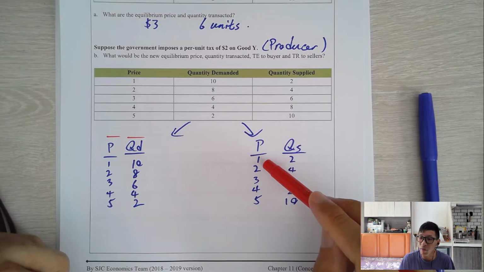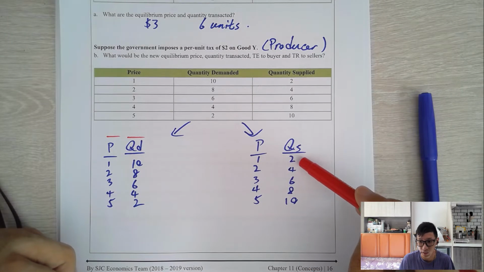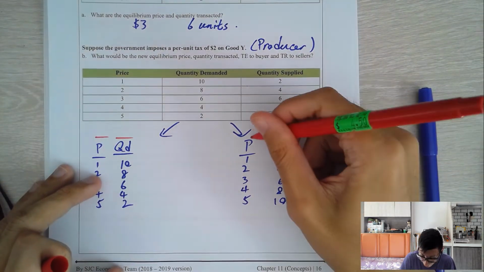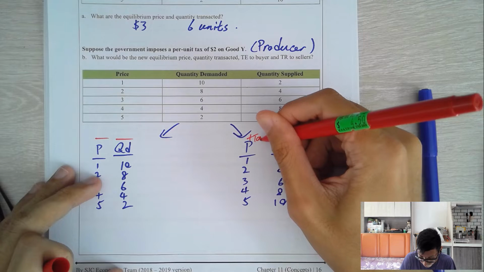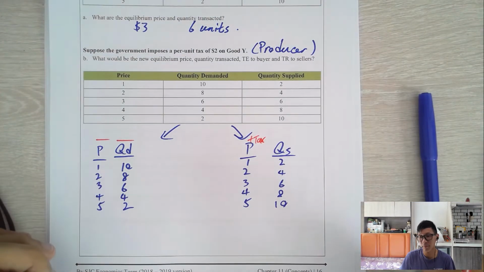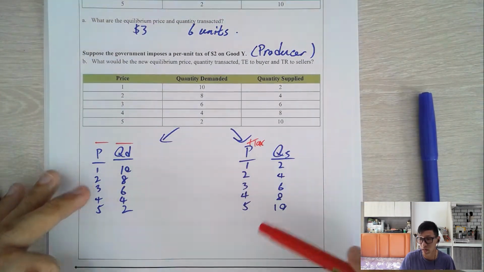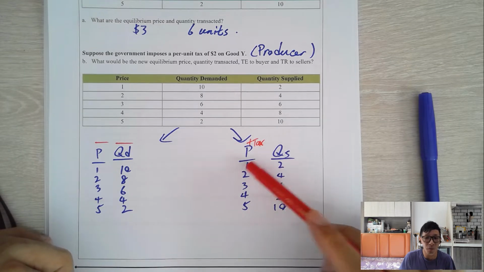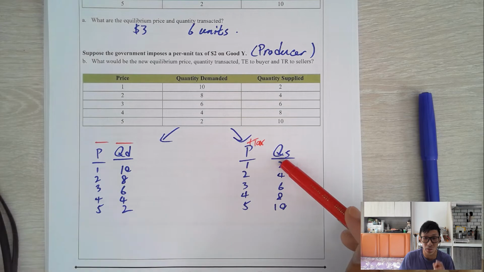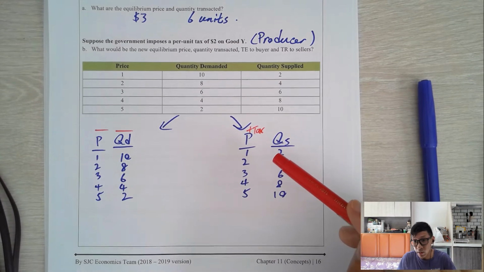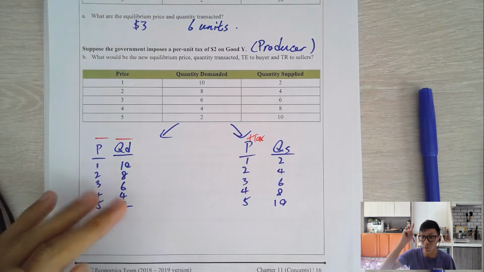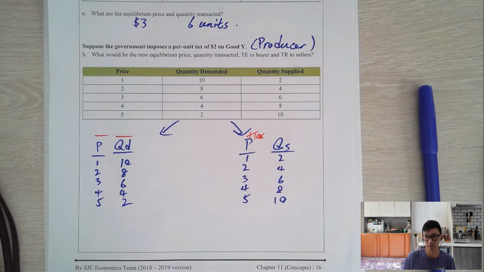Originally, at $1, you make 2 units. Now we are adding a tax. 而家要加個稅落去。Let's say at 2 units, at $2. So instead of $1, you are willing to make 2 units. 以前賣1蚊，你賣2件。Now you need to cover the tax.